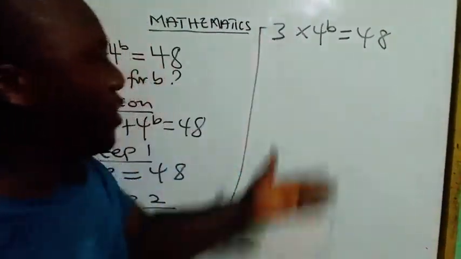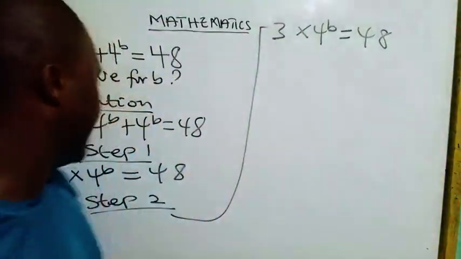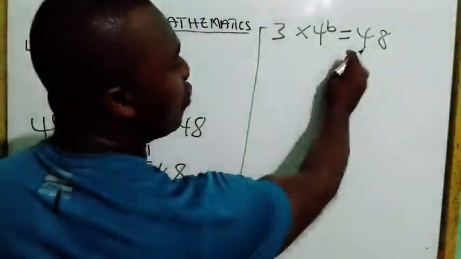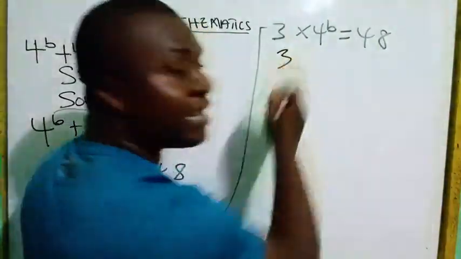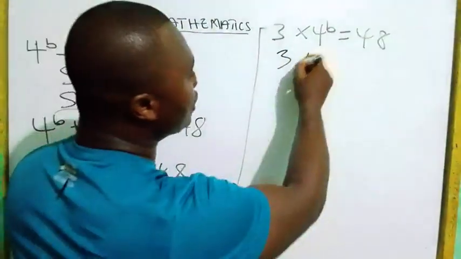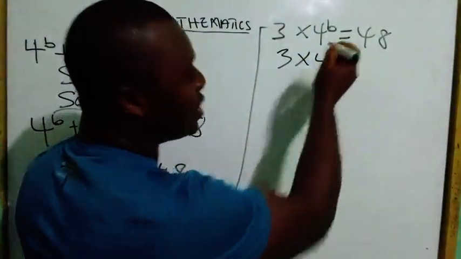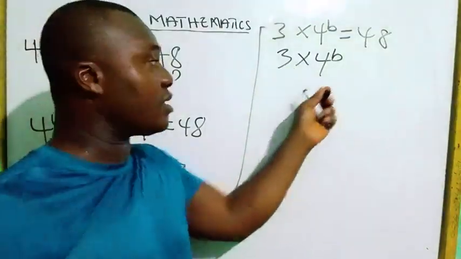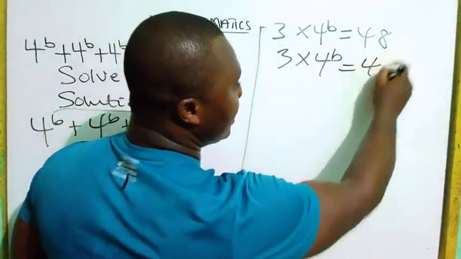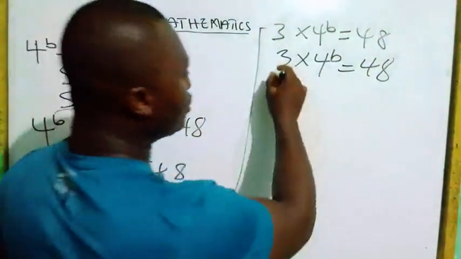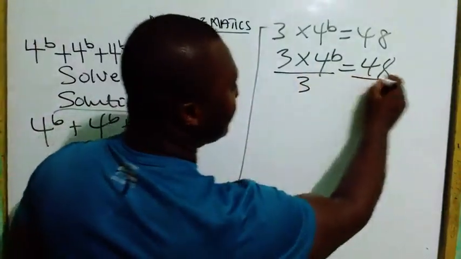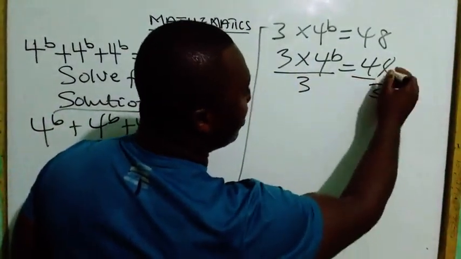So when you get here, step 2, what we are going to do is divide both sides. So let me restate the number again: 3 multiplied by 4 raised to the power b equal to 48. So now we will divide both sides by 3. We divide this side by 3, this side by 3.